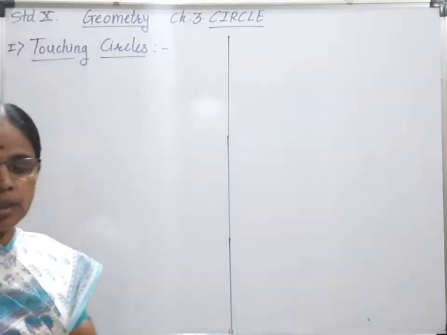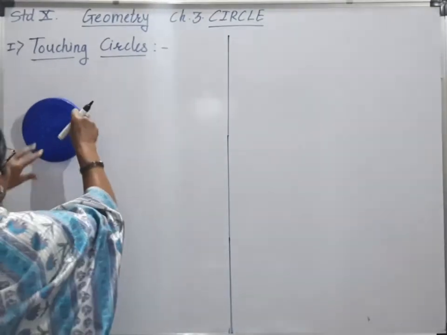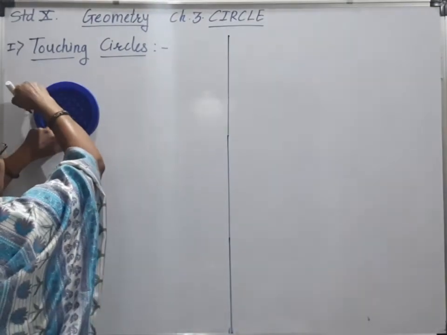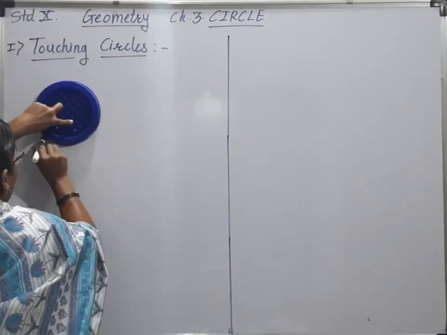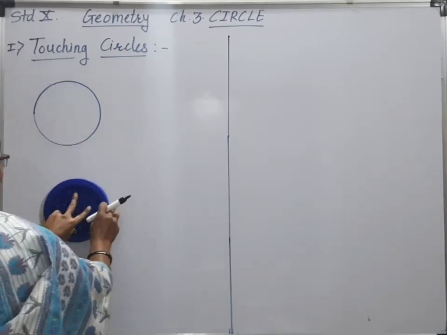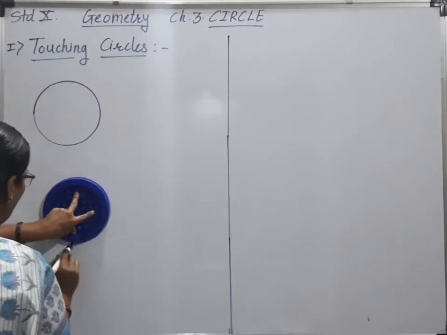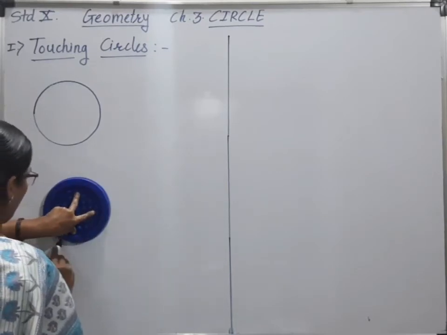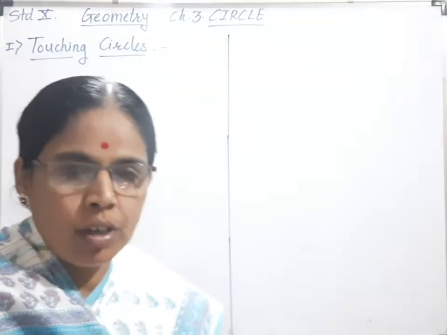Now I am drawing some figures of circles. See here, this is the first figure, and here is the second figure, each with two circles.